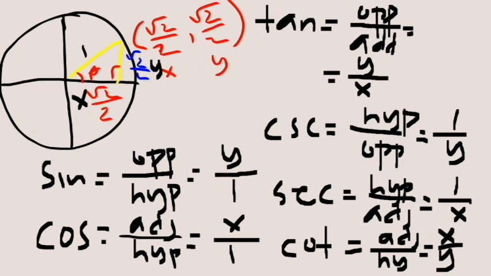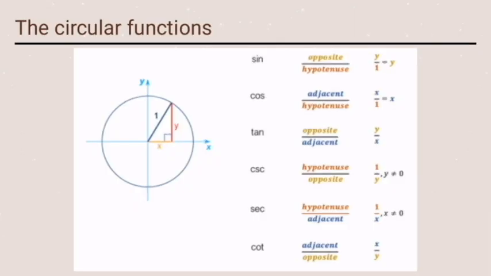Okay. Next one is this. As you can see on the left side of the screen, it is the illustration of the unit circle, and the right angle is inscribed in the unit circle. As you can see, this is our ratio for the six circular functions.